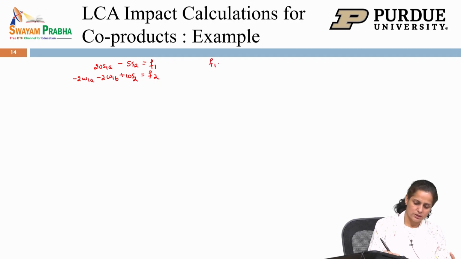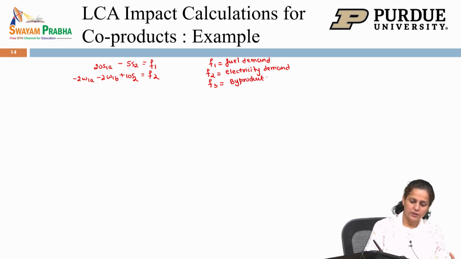So, your F1 is the fuel demand from the network, your F2 is the electricity demand, and your F3 is the byproduct.